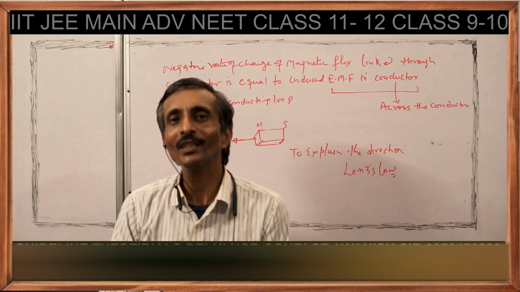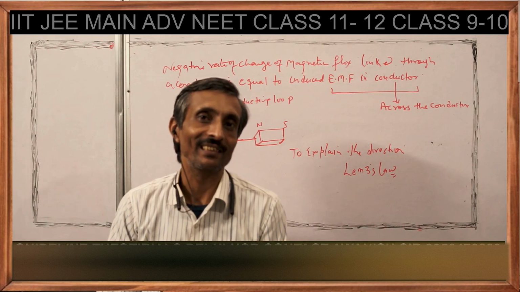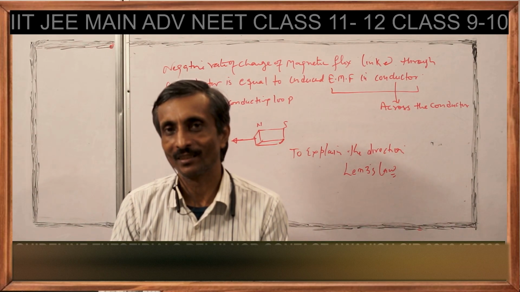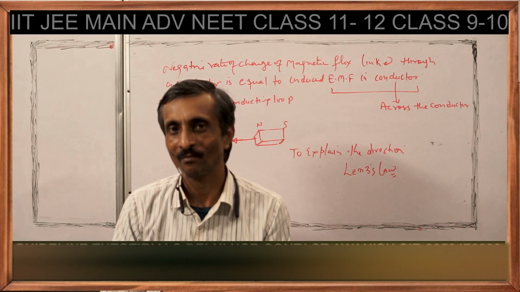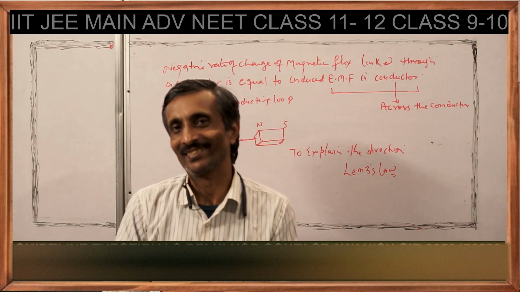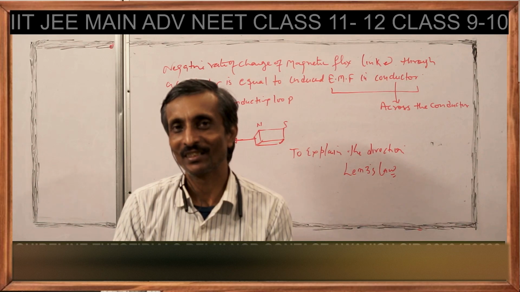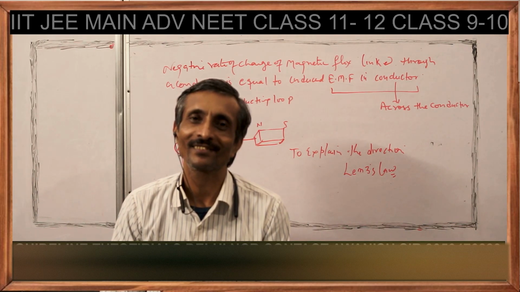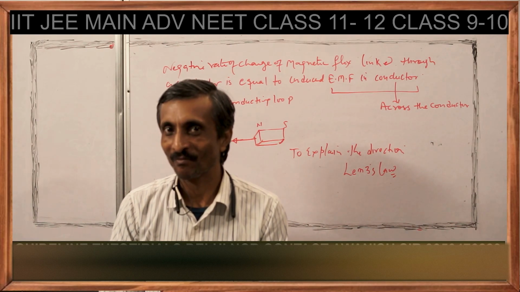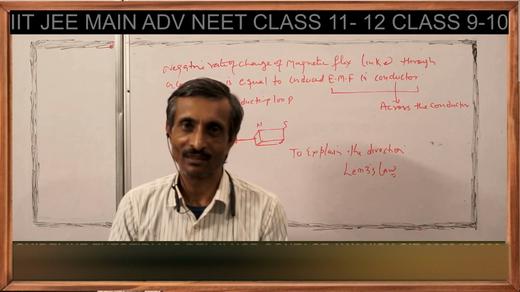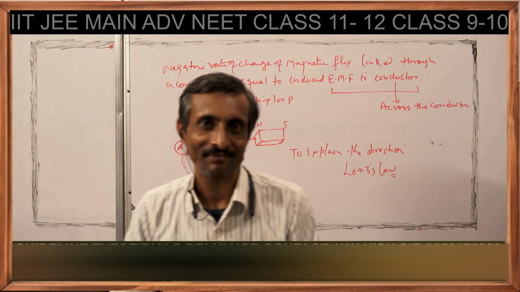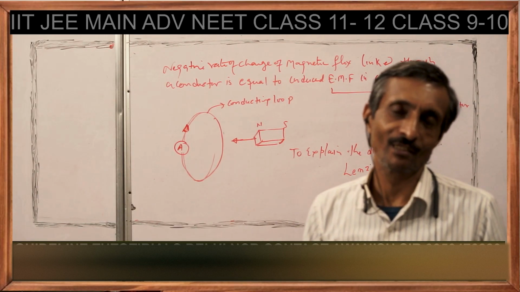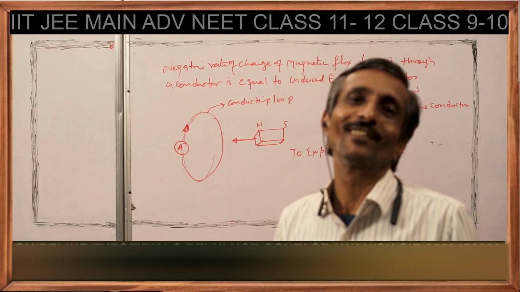But they also react against this force. The change of magnetic flux through the conductor is opposed by the conductor because conducting electrons have inertia. So due to this reaction, an induced current is developed. The electrons move in a particular direction to avoid the Lorentz force.